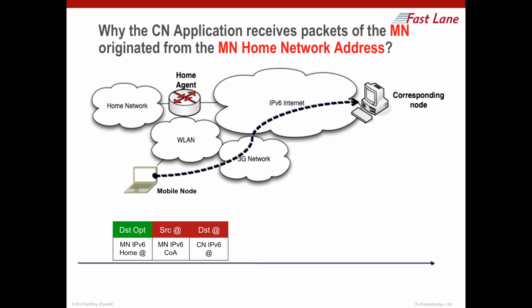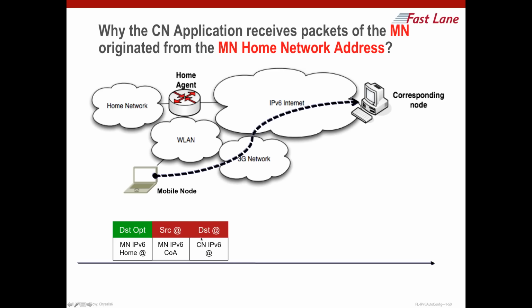And how it is going to be transparent, because now we don't have the home agents to perform the swapping of addresses. So basically we are using IPv6 extension headers. So when the mobile node sends a packet to the corresponding node, it sets the mobile node IPv6 home address in the destination option.